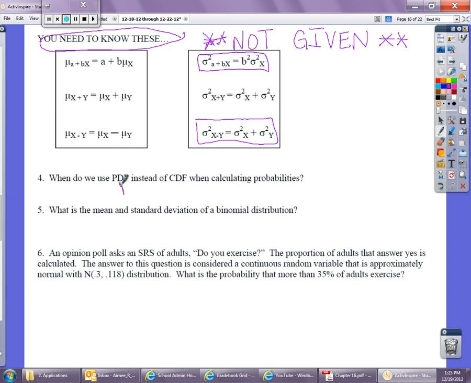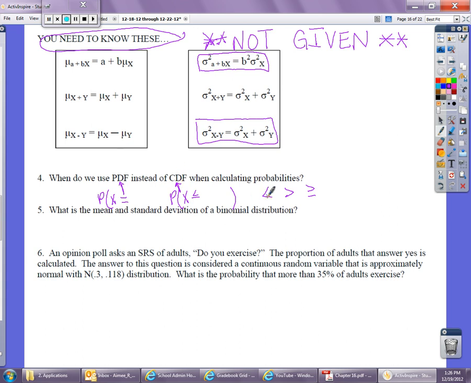Okay, when do we use PDF instead of CDF when calculating probabilities? PDFs are when you have equal to, so the probability of X equal to something. CDF is when you have the probability of X is less than or equal to. That's what it's going to calculate. Okay? Now, if you need to find less than, greater than, equal to, you will use the CDF function.